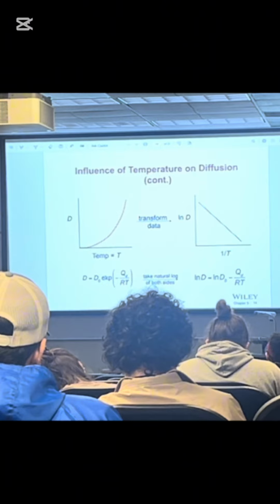But the rule of thumb, you know what the rule of thumb is? That Seagate used before they hired me to do this research project for them. They said the reaction rate doubles for every 10 degrees increase in temperature.